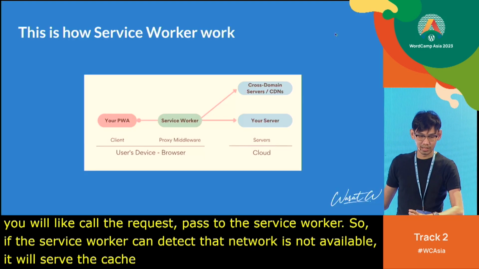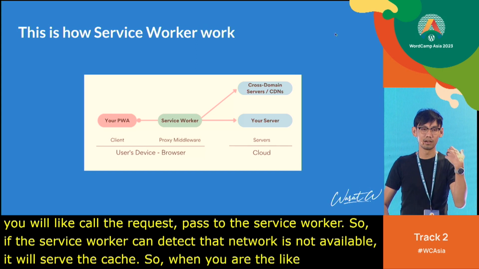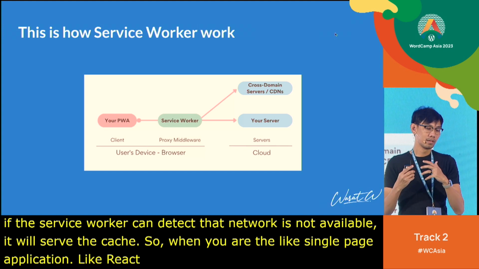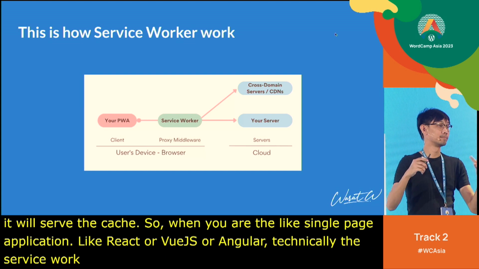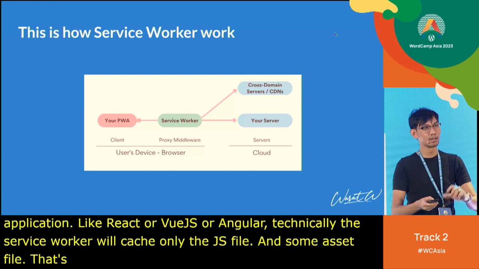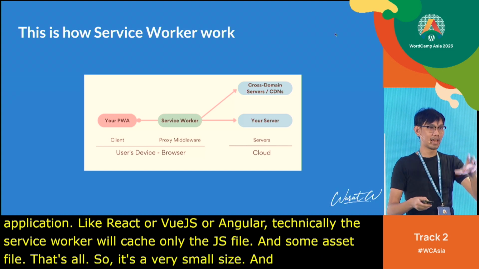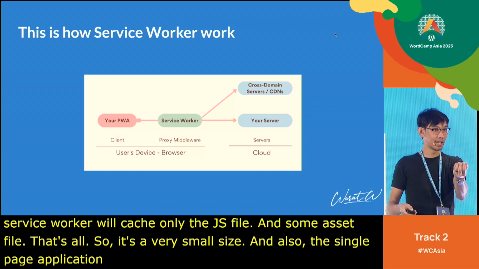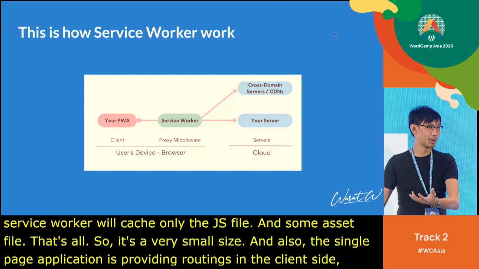So when you have a single page application like React, Vue.js or Angular, technically the service worker will cache only the JS files and some asset files. That's all. So it's a very small size. And also the single page application provides the routing on the client side, not the server side like WordPress, right?